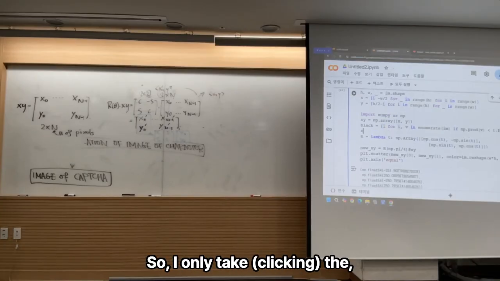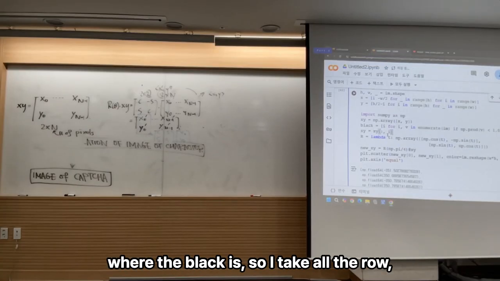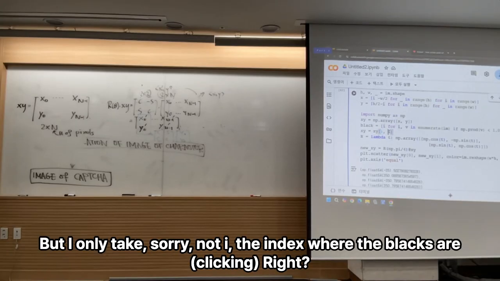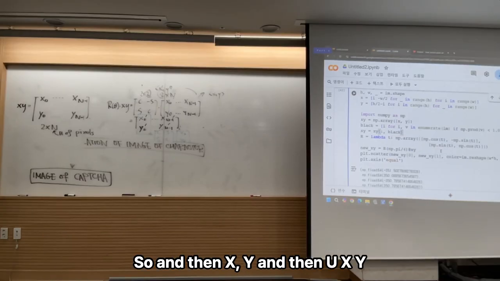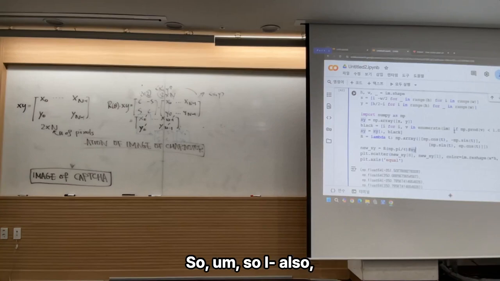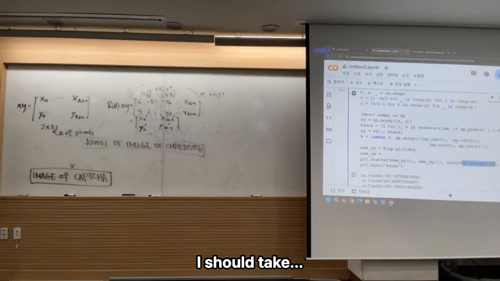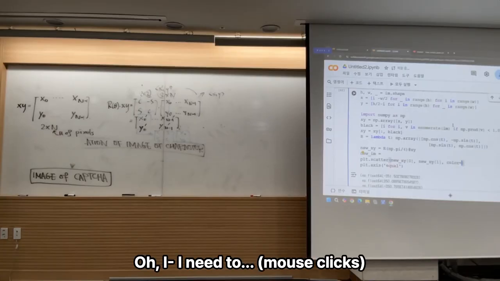So I only take where the black is. So I take all the rows, which are x and y coordinates, right? But I only take, sorry, not I, the index where the blacks are. Right, and then xy and then new xy and then now we have a scatter. So I need to take this one also. We have im, new im. Oh, I need to do this.